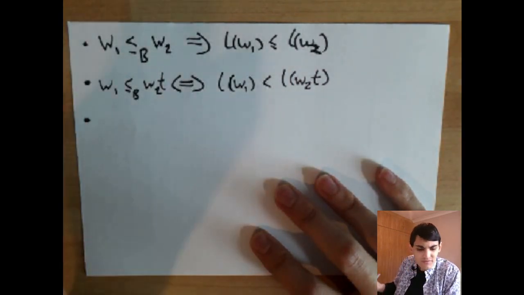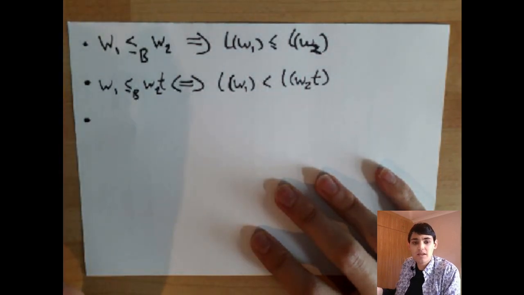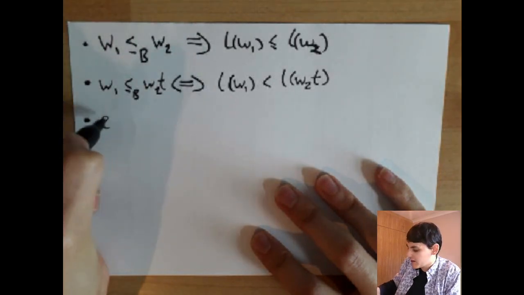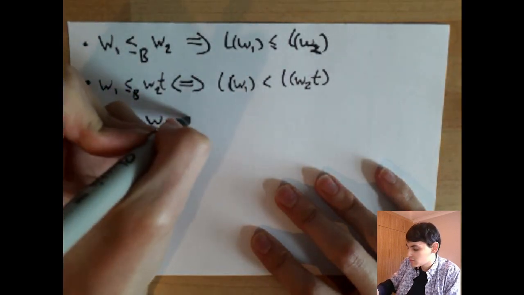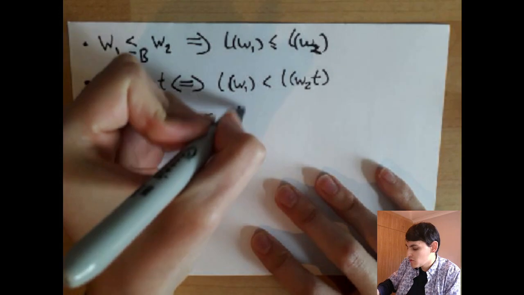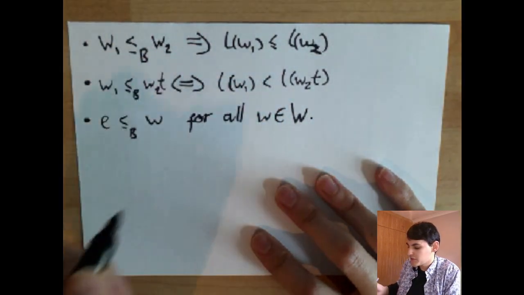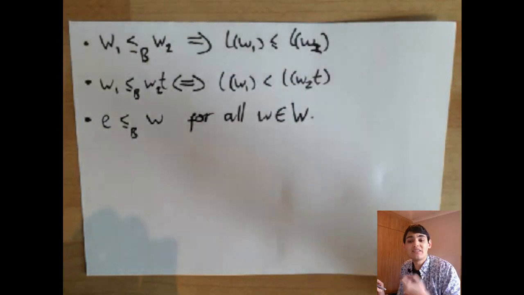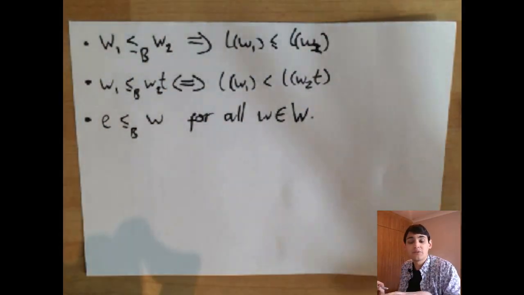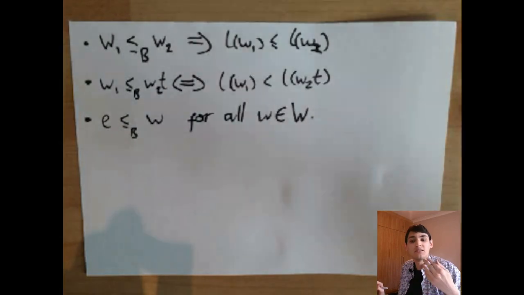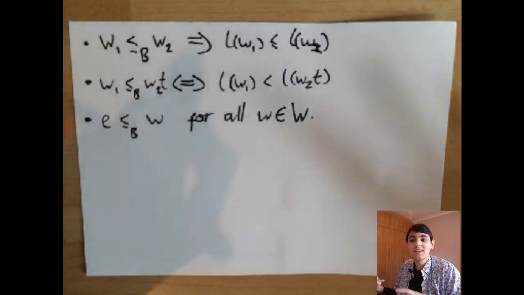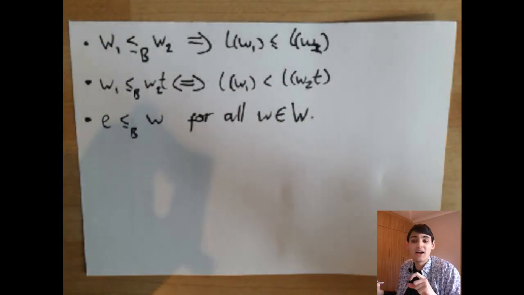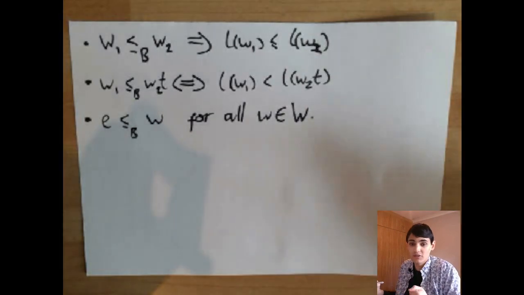And then the third observation we have is that the identity is less than or equal in the Bruhat sense to all W in W. Basically the identity element is less than or equal to every element in our Coxeter group. In fact, we give the identity e length 0 by definition.